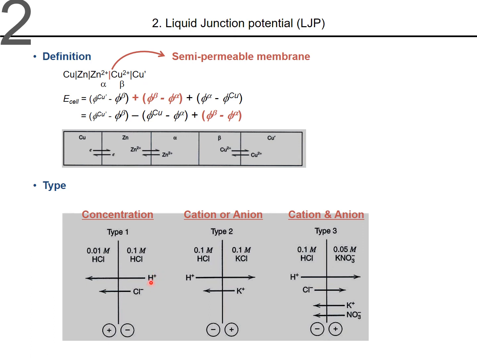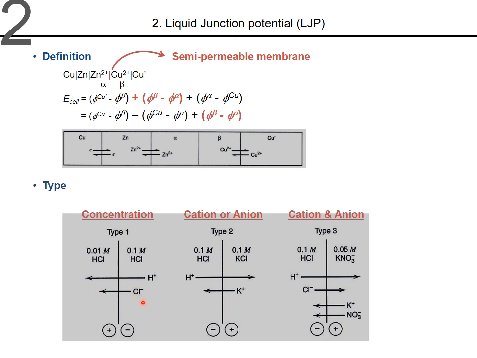So proton is moving faster from the right to the left side, but chloride minus is moving slowly. So the left part is charged by positive ions, because more protons are moving to the left compared with the chloride minus movement. So you would obtain the positively charged electrolyte on the left side.